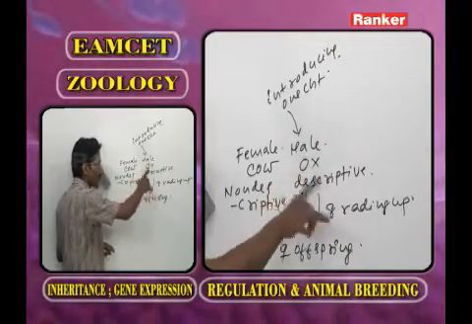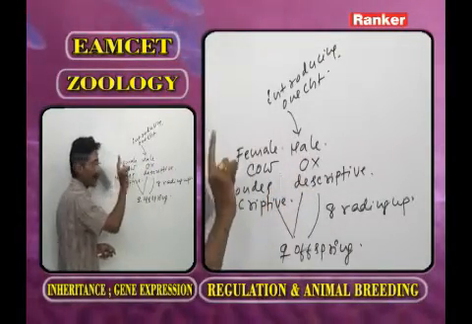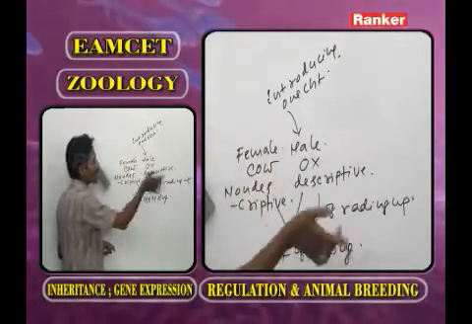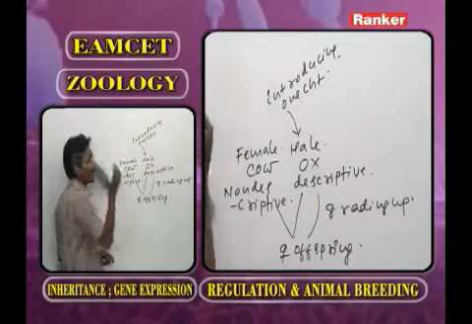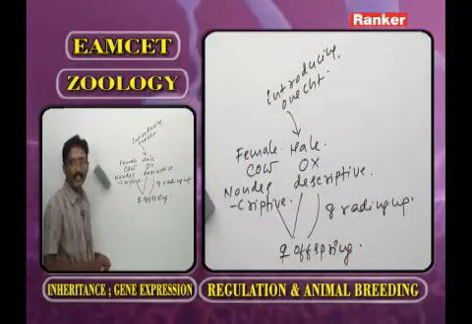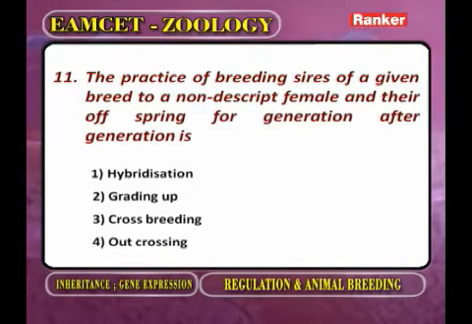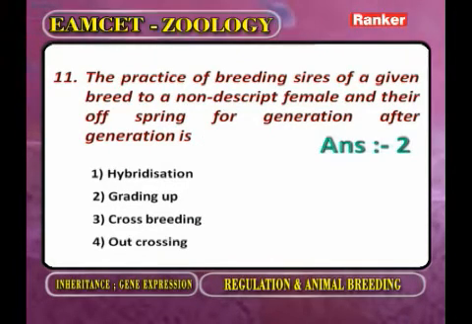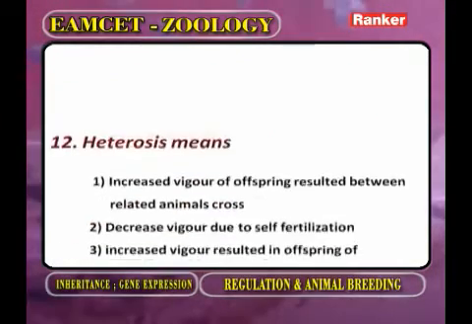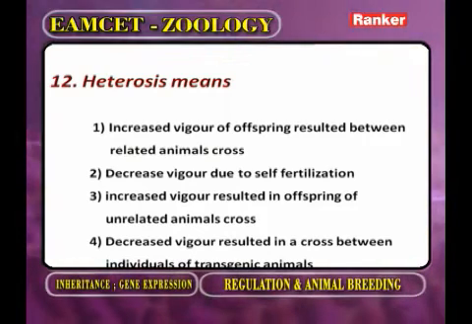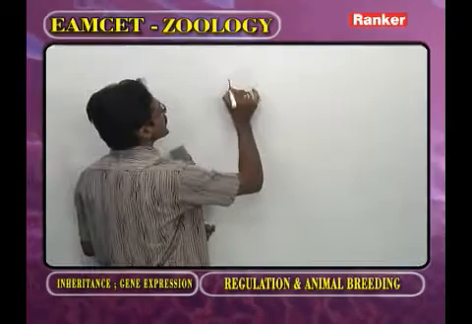That we call grading up or upgrading. So after few generations the quality of the introduced character increases. Now you observe the answer. Now the next question. Heterosis means. What is meant by heterosis?